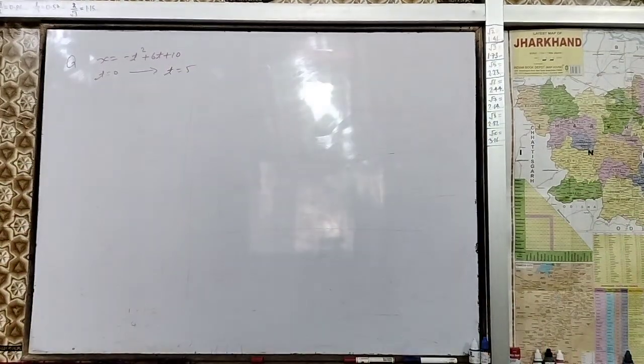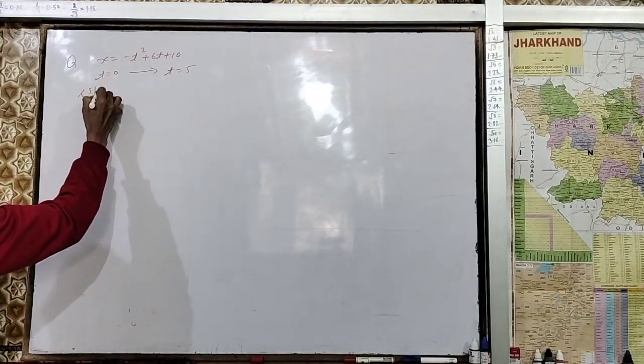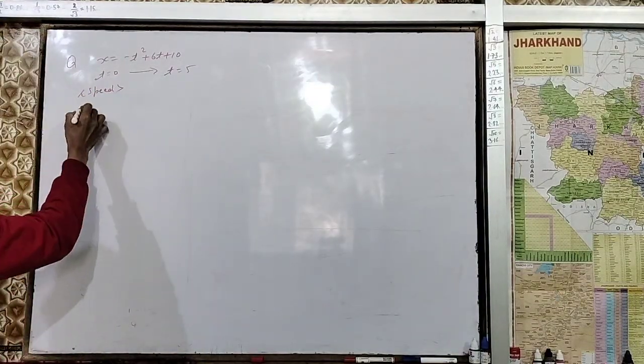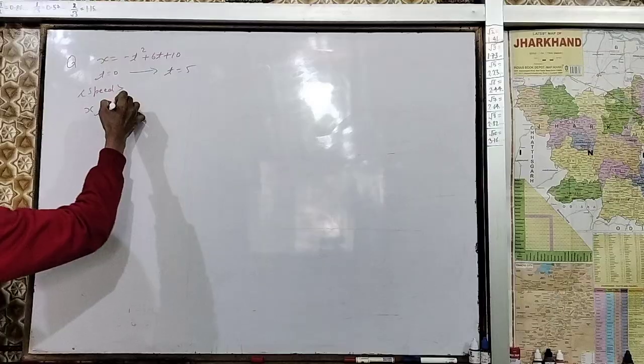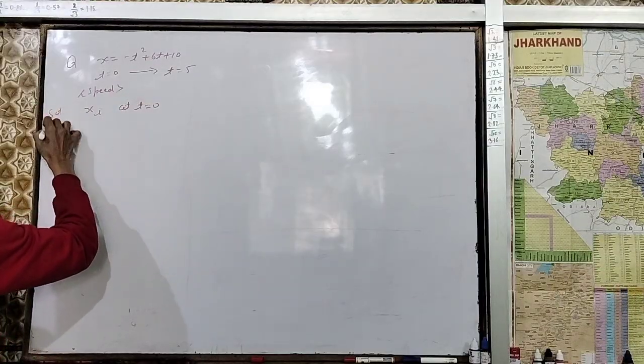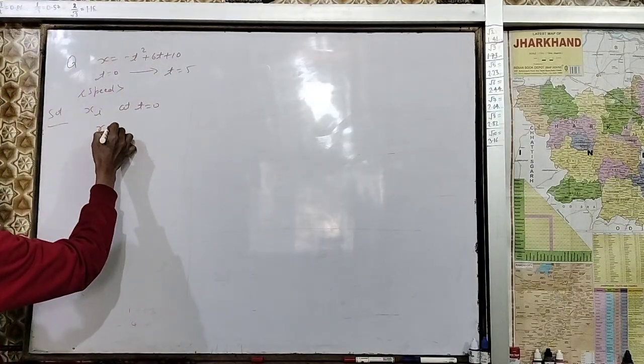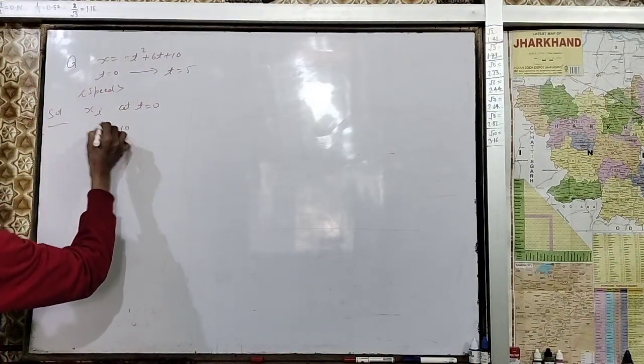Average speed. What's the average speed? So x1 will be at t is equal to 0. X1 will be 0, 0, 10. So x1 is going to be 10.